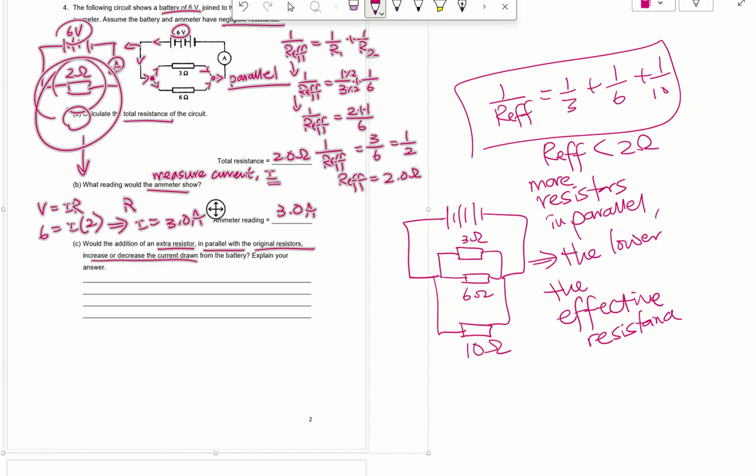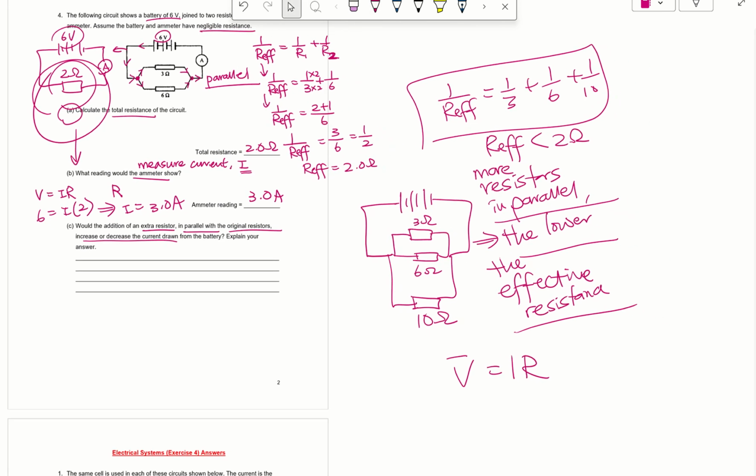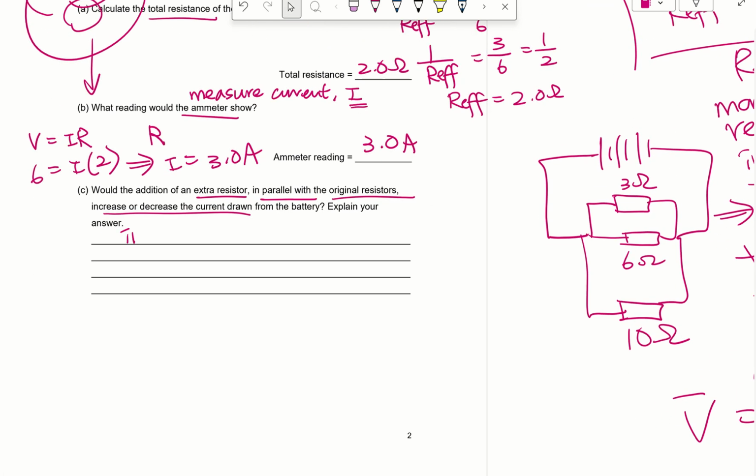The more resistors in parallel, the lower the effective resistance. And if the effective resistance is lower, using V equals IR, R decreases, therefore the current will increase. So it will increase the current if I add in another resistor.